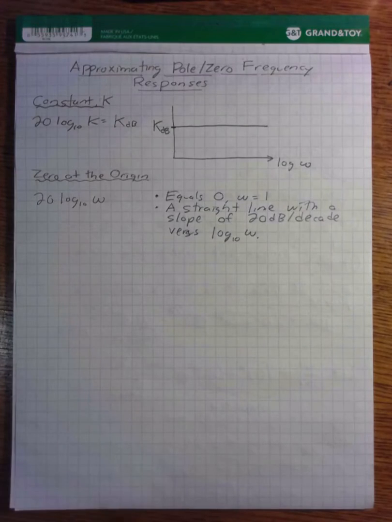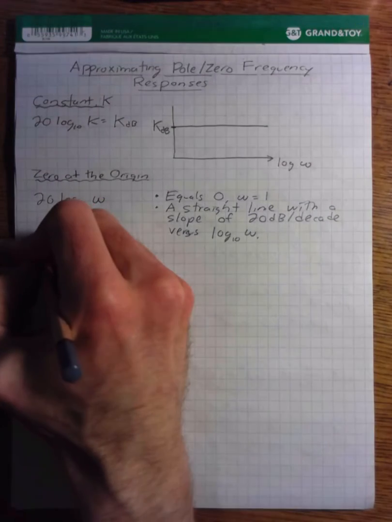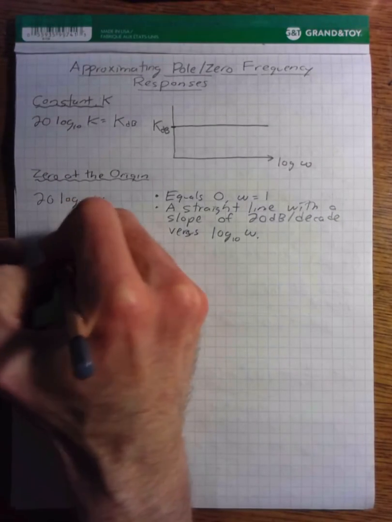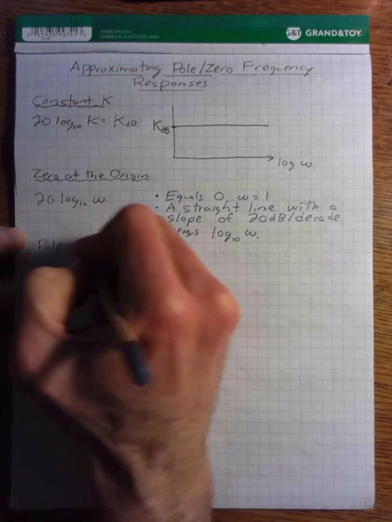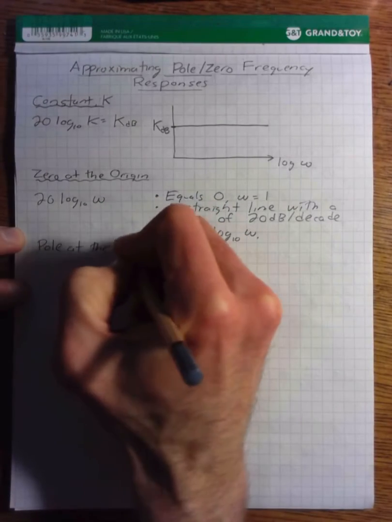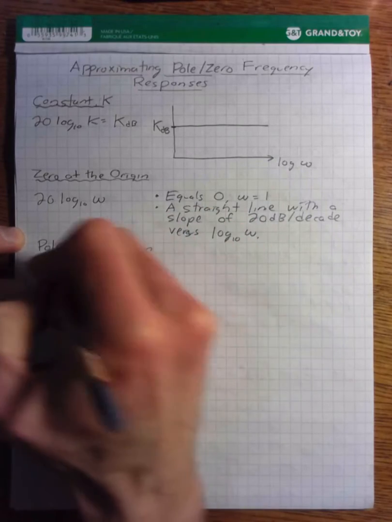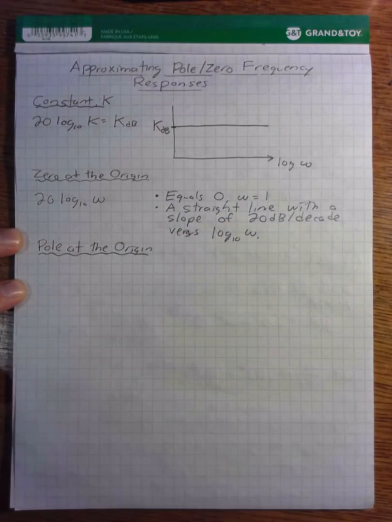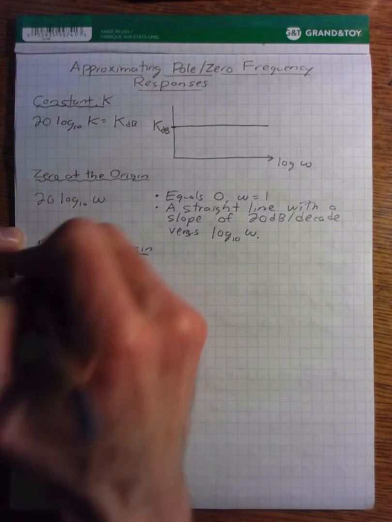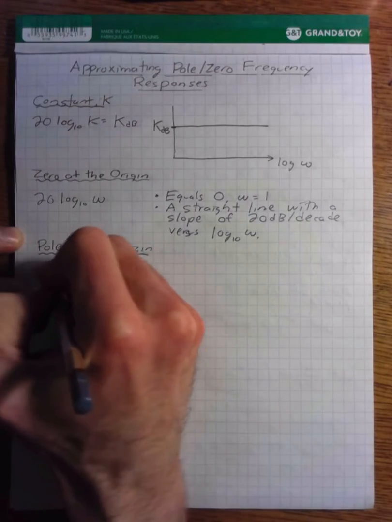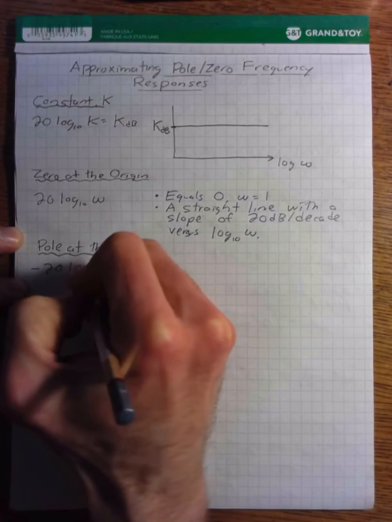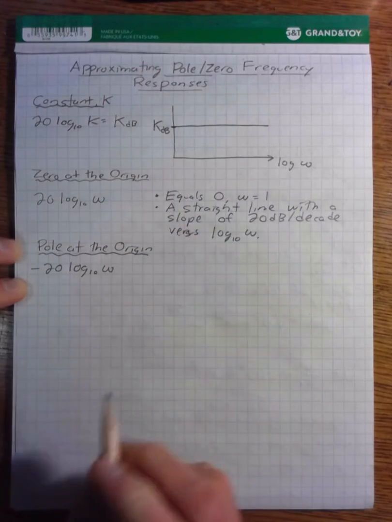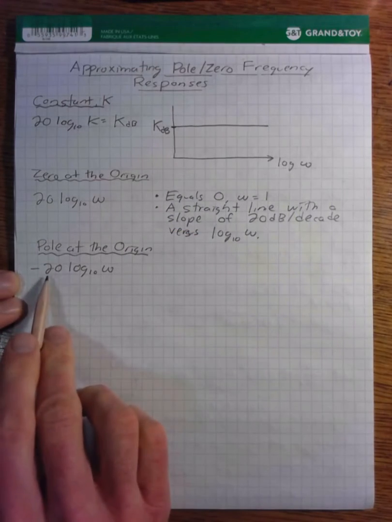Now we can take a look at a pole at the origin. The equation for a pole at the origin, because it's 1 over j omega, or it's on the denominator, is minus 20 log 10 of omega. And satisfy yourself that this makes sense.